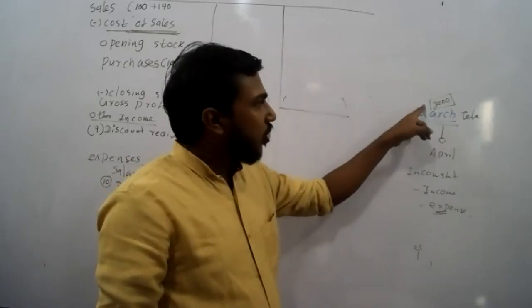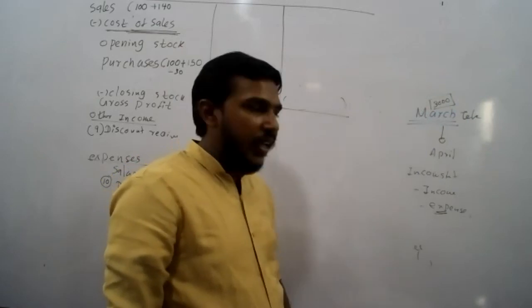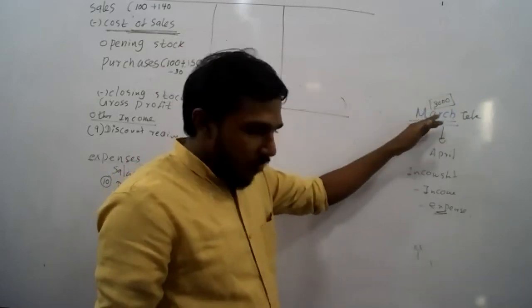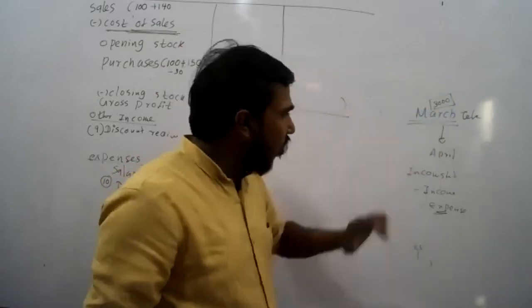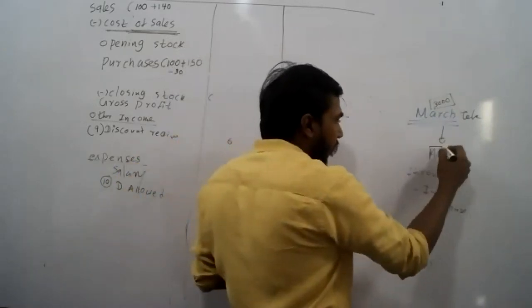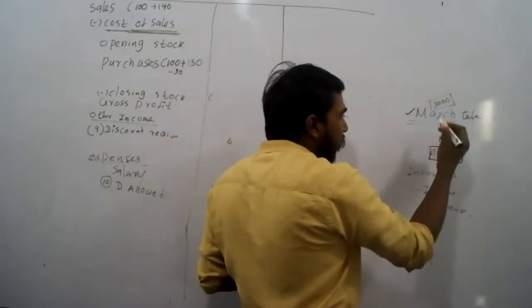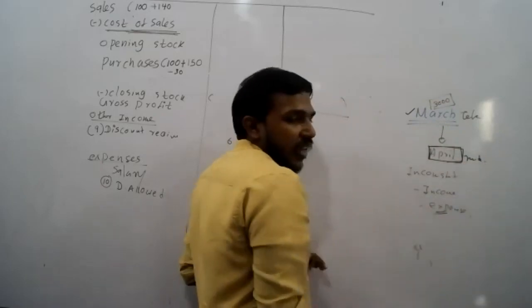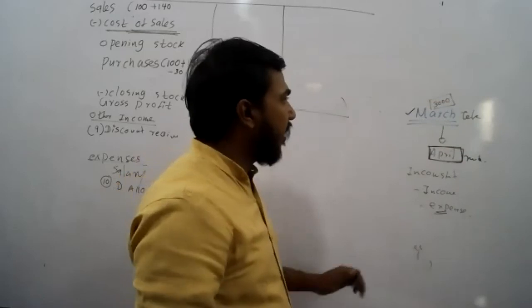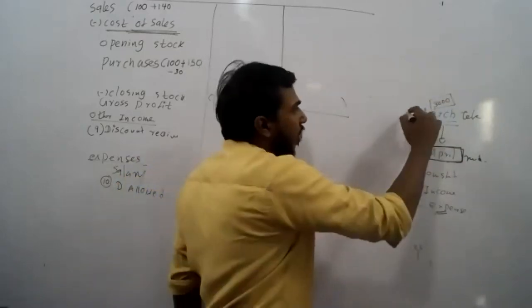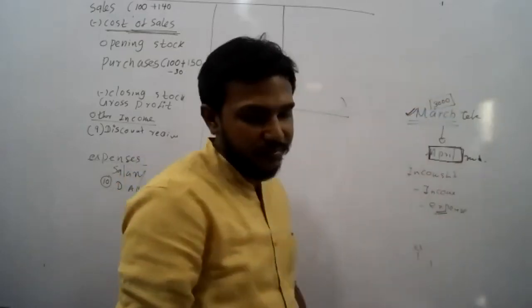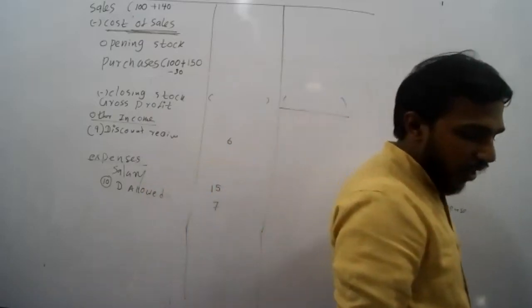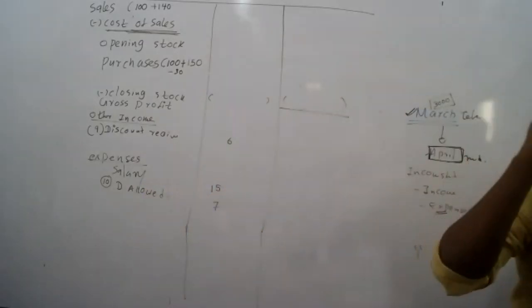Out of this 3,000 telephone bill, the bill was for March, but the bill was received in April. Bill is relevant for March. Received the bill in April. My question is, should this 3,000 be recognized for the month of March or for April? You have to recognize this for the month of March or April.